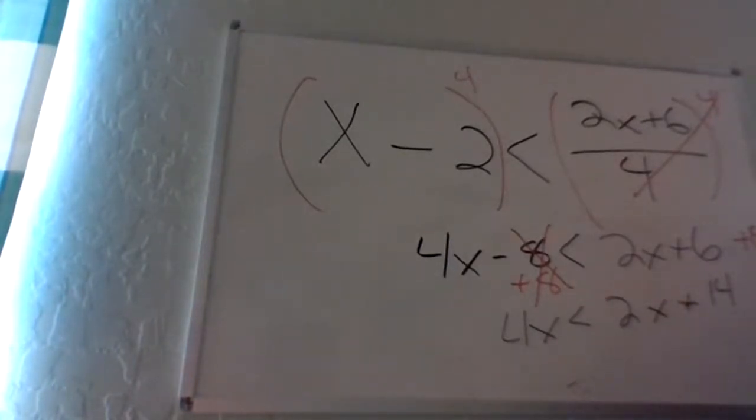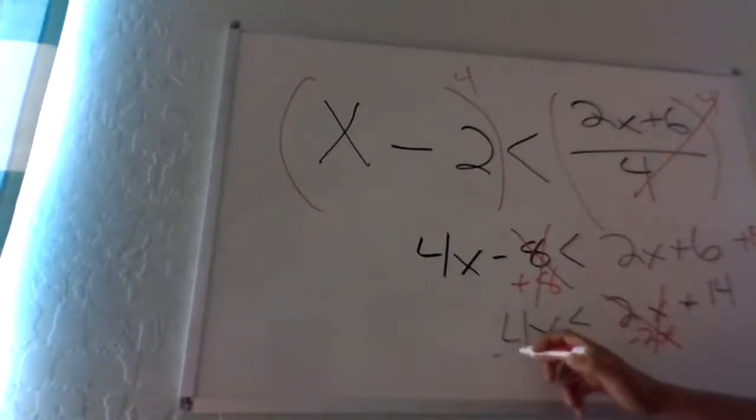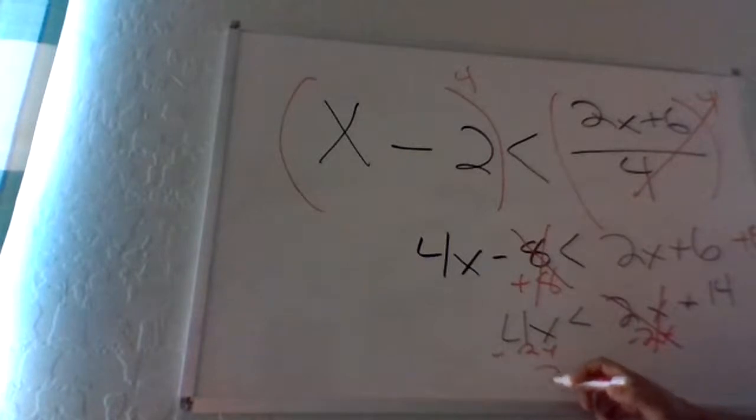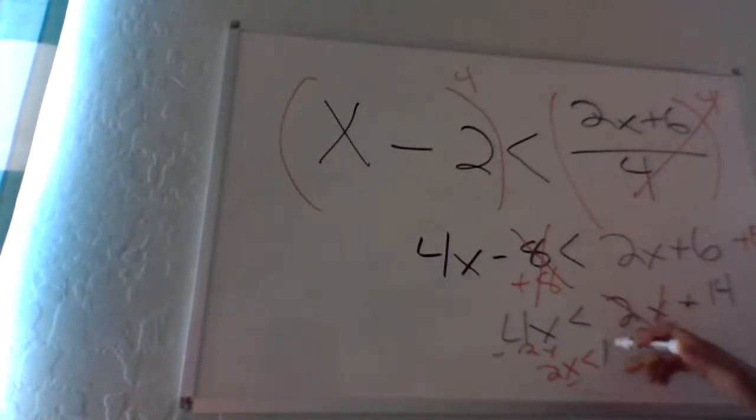Yeah. And then we minus 2x from both sides. Okay, so now we have the variables on both sides. Now we're left with 2x is less than 14. Yeah. Less than 14. Now what?